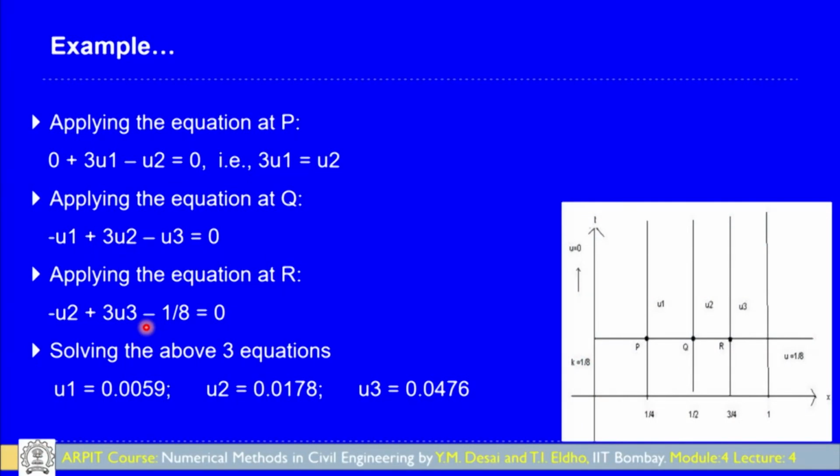Then further we discussed the finite difference formulation for the heat conduction problem or the diffusion equation del u by del t equal to del square u by del x square in 1D, and we have formulated it using the explicit scheme and implicit scheme. We have differentiated between explicit and implicit scheme. As I mentioned, implicit scheme is more stable and we can use larger time steps, but in explicit scheme the time step should be very small to get a stable solution. So, that is about lecture number 4, module number 4.